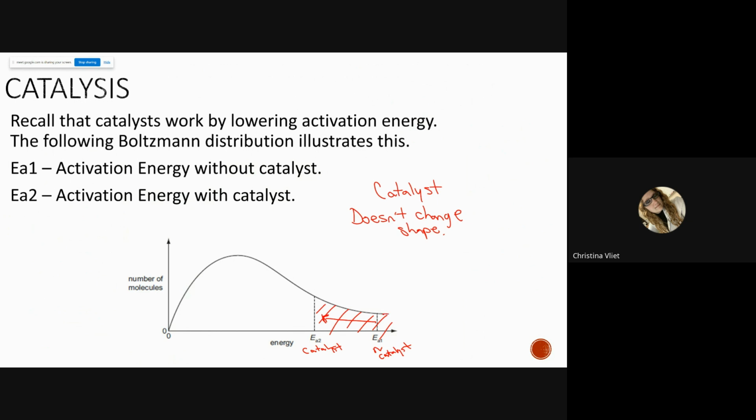Without a catalyst, you only have this much that reacts. With a catalyst, you get all this extra amount of molecules that can react. So what happens when you add a catalyst is you move the amount of energy required for the reaction to take place, you move it back on a Boltzmann distribution, or to the left.